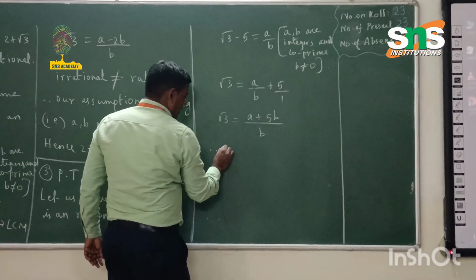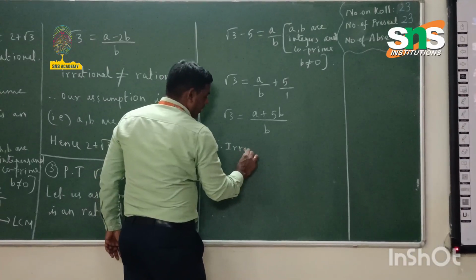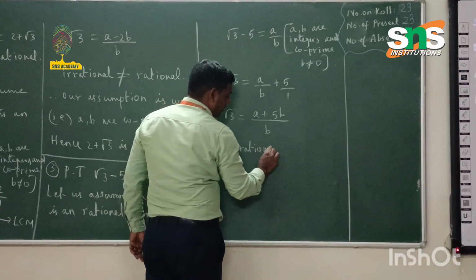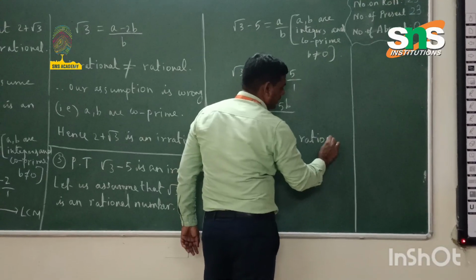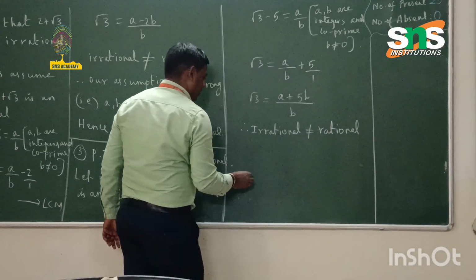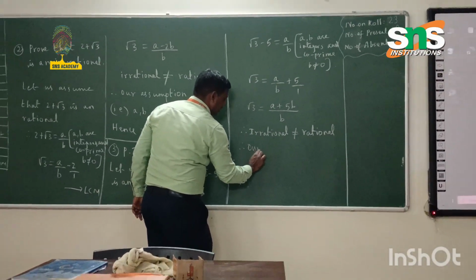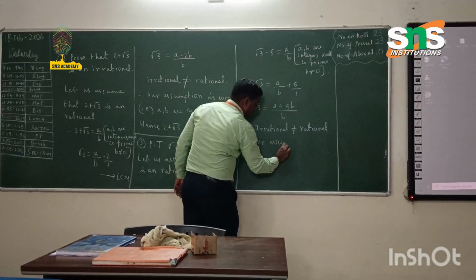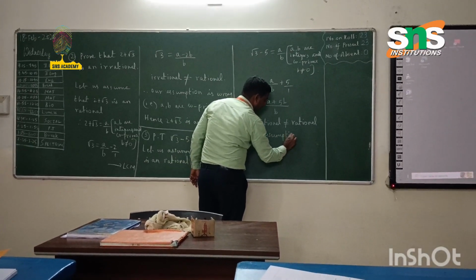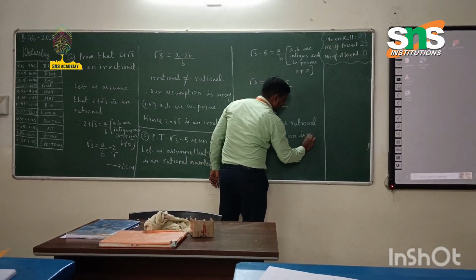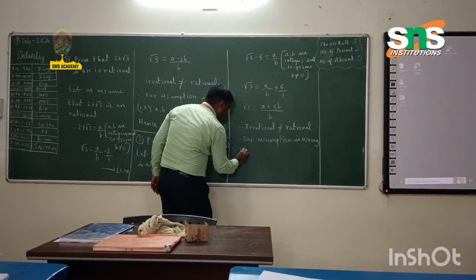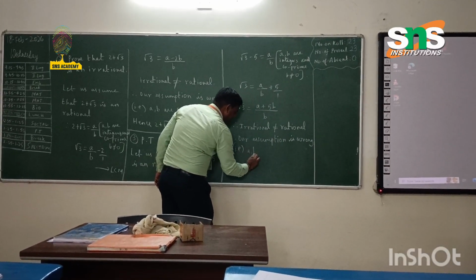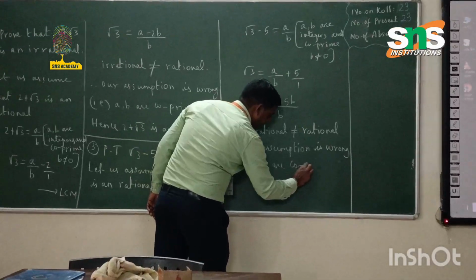Therefore, an irrational number is not equal to a rational number. Therefore, our assumption is wrong, that is, a, b are co-prime.